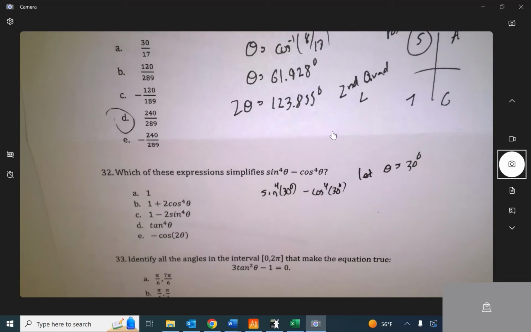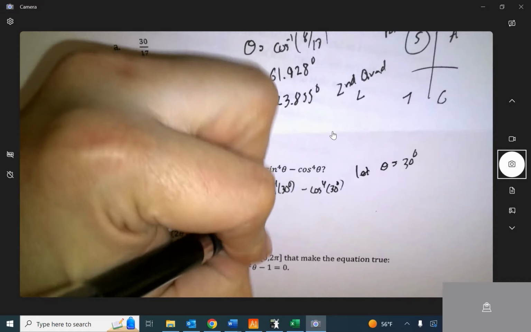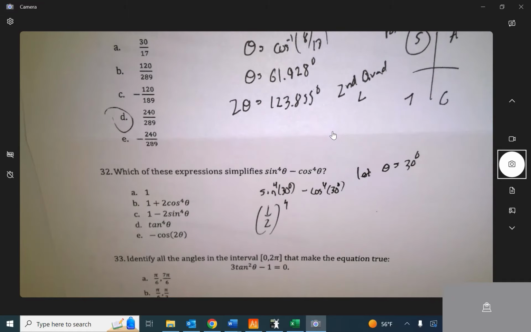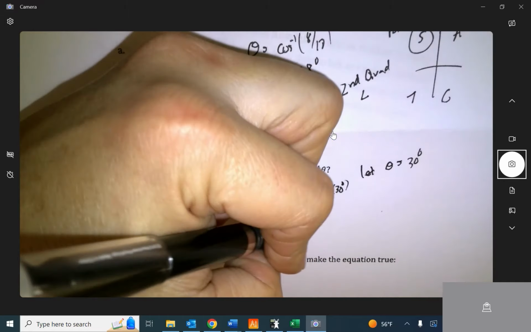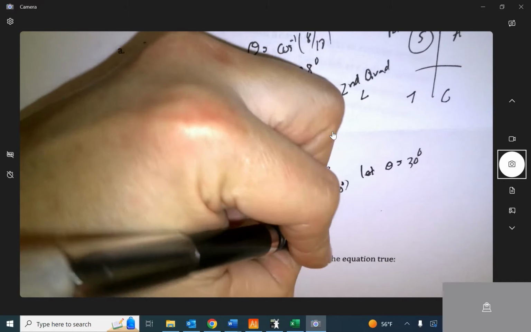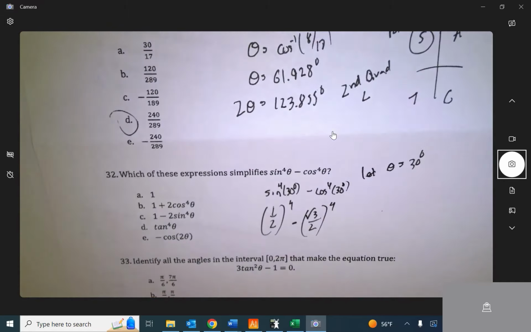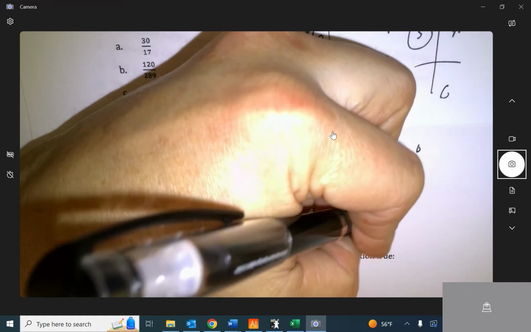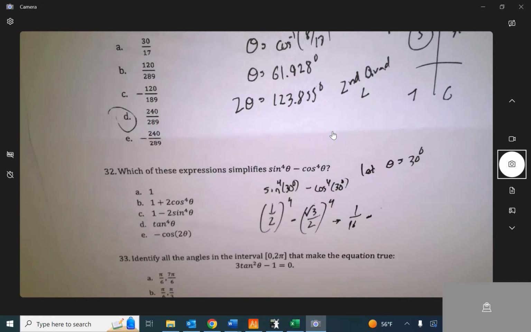If I think about the unit circle, the sine of 30 is a half. And the cosine of 30 is root 3 over 2. So a half to the fourth power should be a 16th. And root 3 to the fourth should be 9.